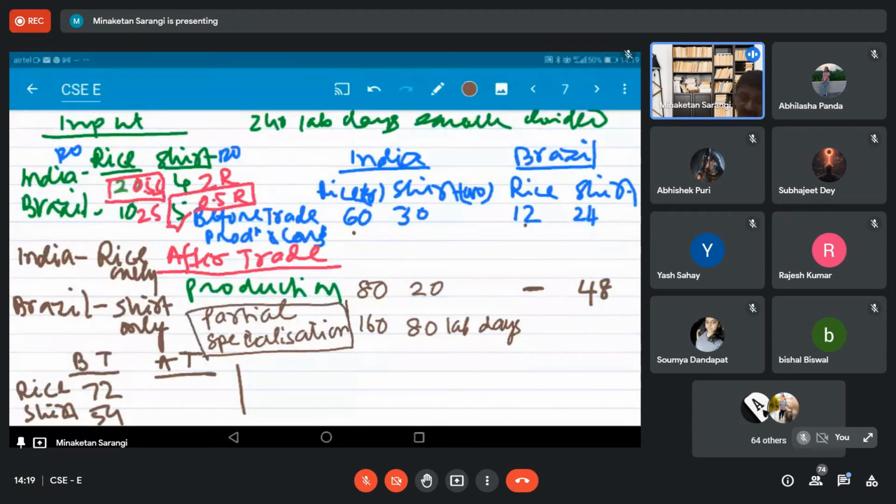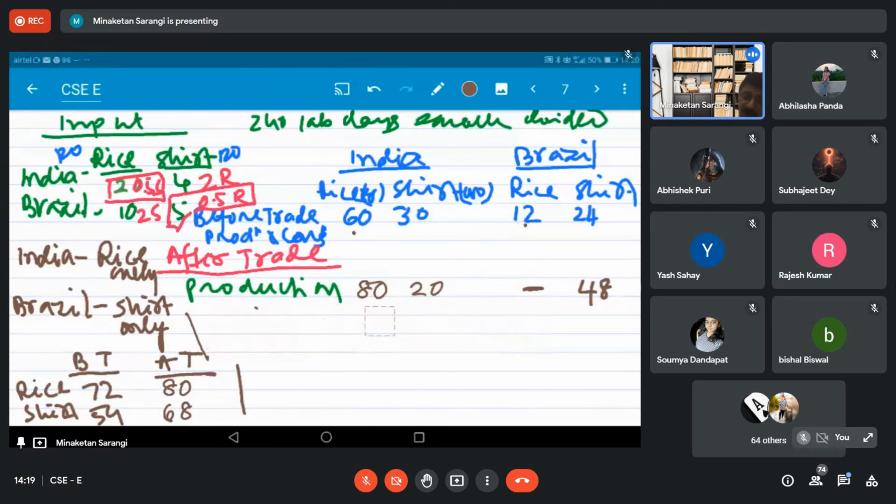The total will be 80 kg of rice and 20 plus 48, 68 units of SAT, which is more than the total production and consumption of SAT and rice before trade. So now trade will take place. This is the production.